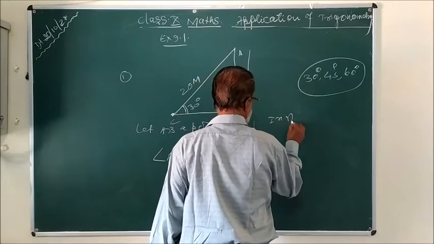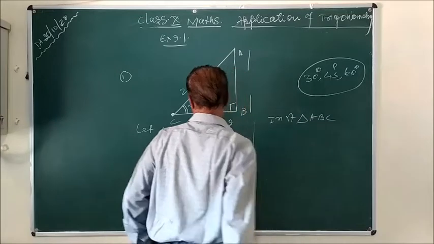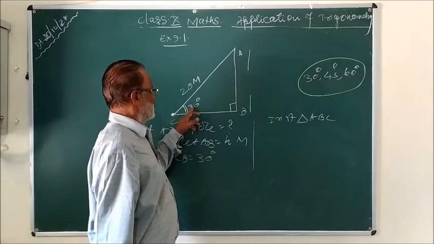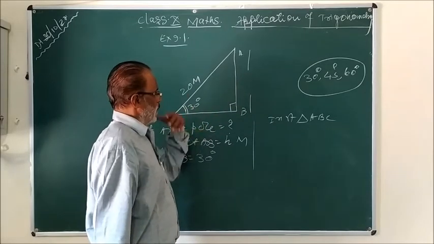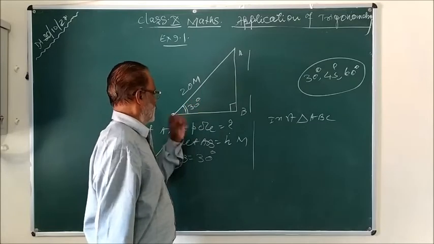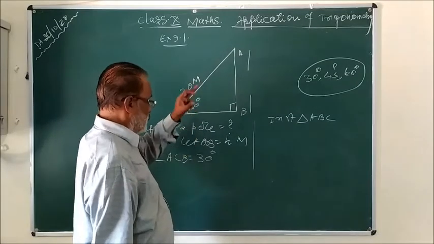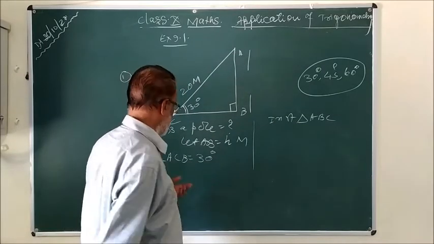So in the right triangle ABC, now you see, for this angle, if you take tan, so P by B, we cannot find because we don't know P and we don't know B. We know the hypotenuse. So what is the relation of hypotenuse with other sides?